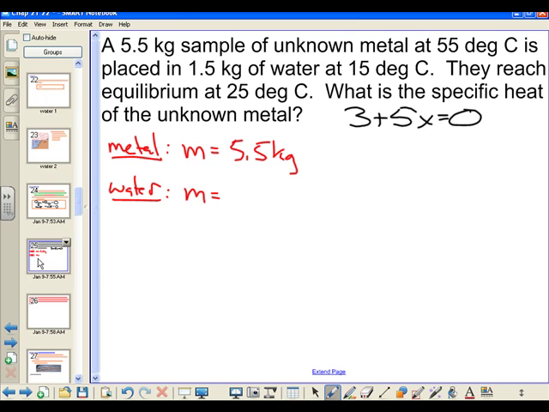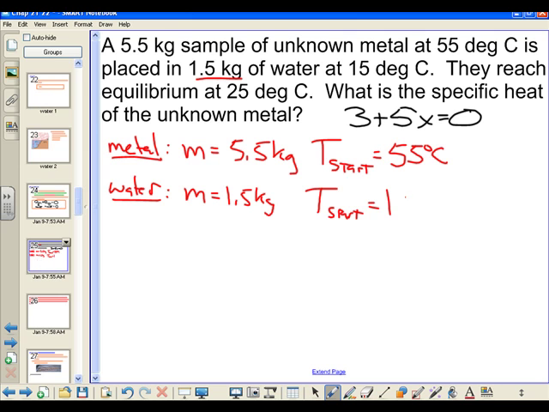Mass of the water is 1.5 kilograms. The start temp of our metal is 55 degrees Celsius. The starting temperature of the water is 15 degrees Celsius.